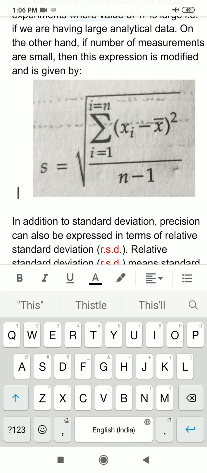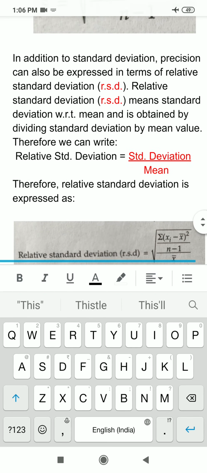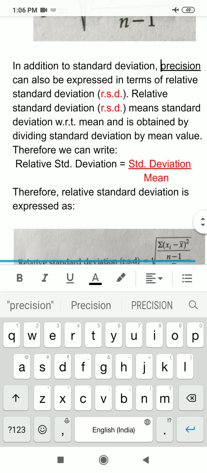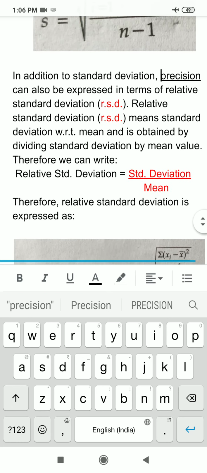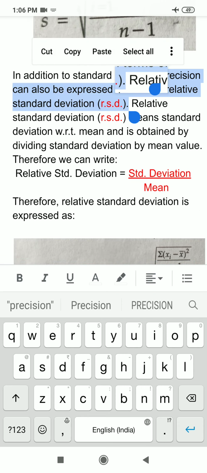This is the case if we are having a small number of measurements. Now, in addition to standard deviation, precision can also be expressed in terms of relative standard deviation, and in short it is written as RSD.